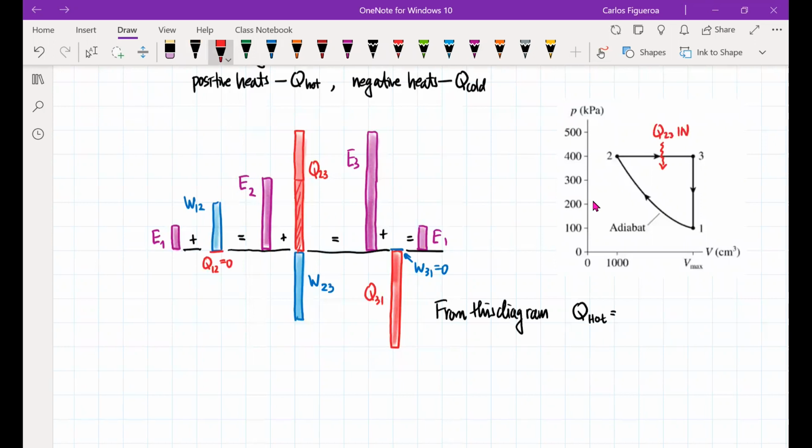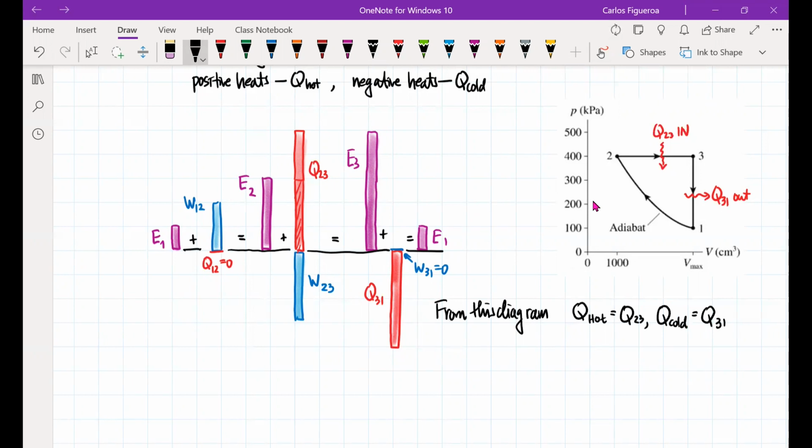This guy goes in. So I know my Q hot is heat 2, 3, and I know my Q cold has to be the only heat that's ejected here. And the only heat that's ejected is going from 3 to 1. And that guy goes out. So I immediately can identify the heats from the cold and hot reservoir.